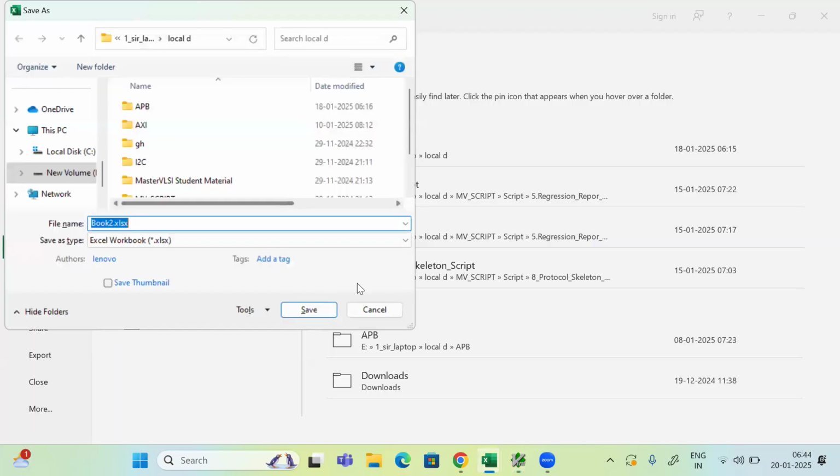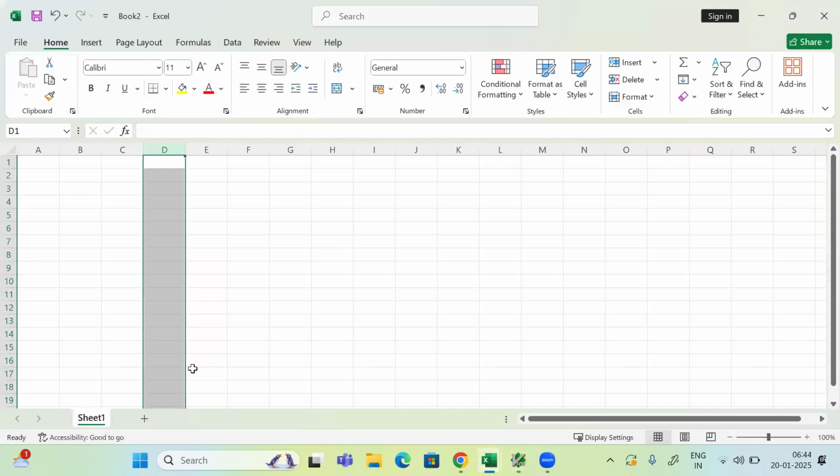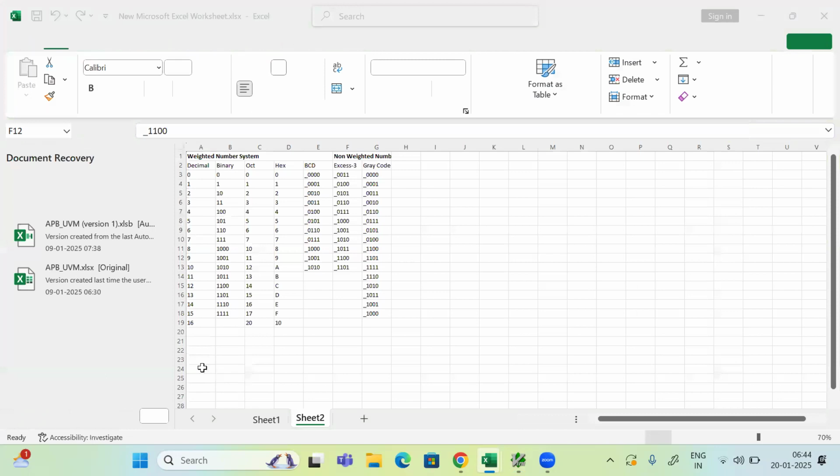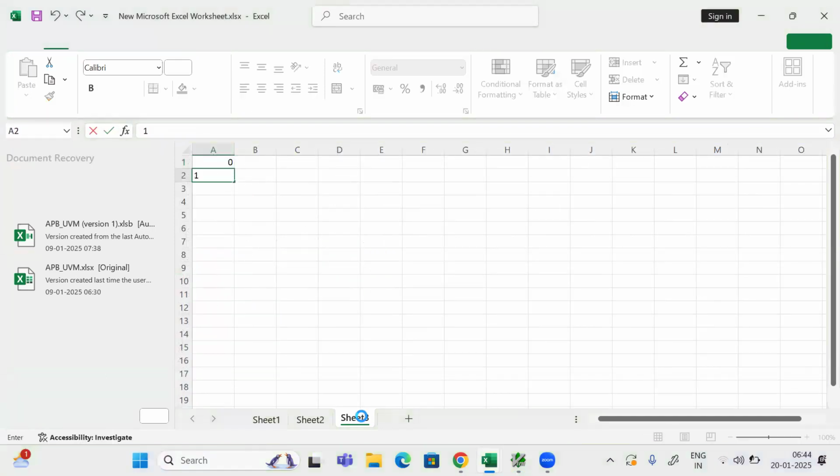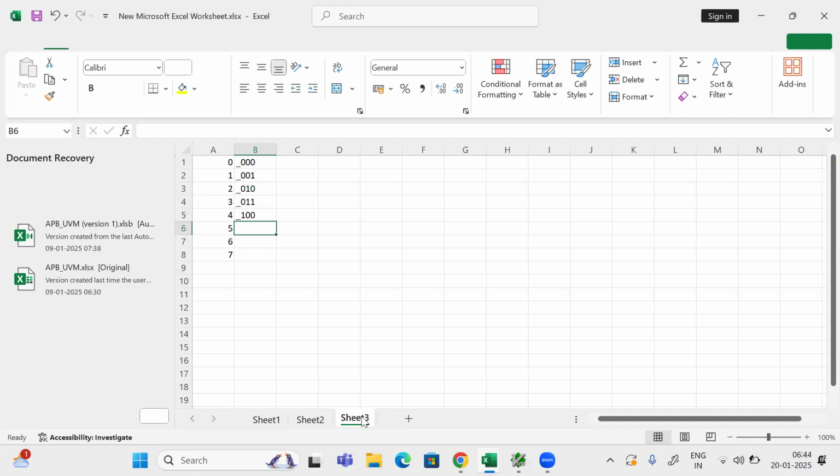Why have I written a hyphen at the beginning?